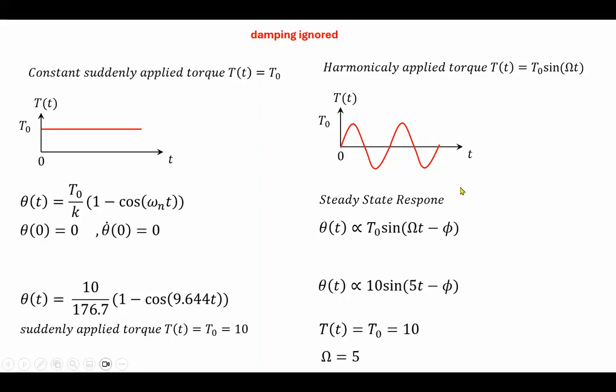If you look at an introductory vibration book, you see that this angular position is going to be proportional to T naught, with some other terms like a square root, but we are not interested in that. The frequency of oscillation is the same as the driving frequency. If I put T naught as 10 and big omega as 5, then you work it out, and we're going to compare our result with something that looks like that.